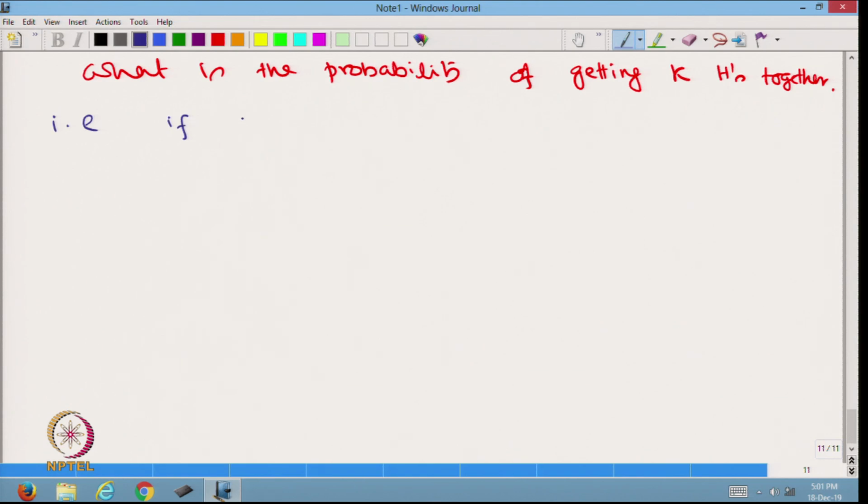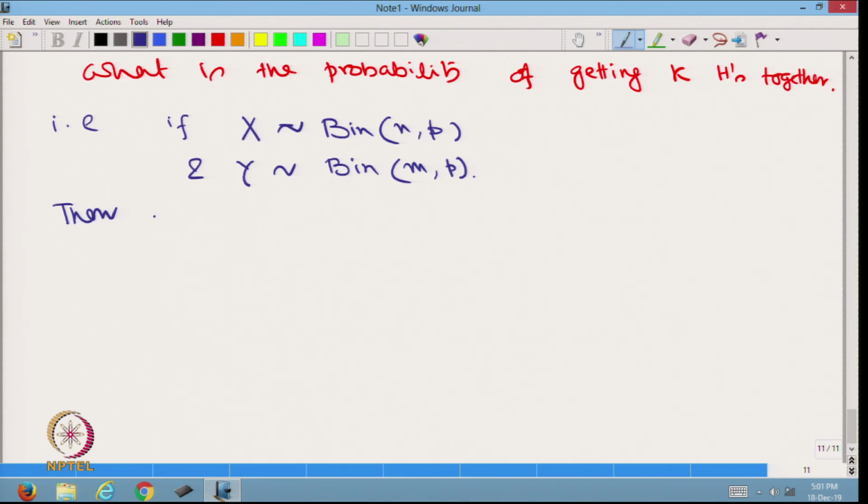If x is binomial in p and y is binomial in p, then how is x plus y distributed?